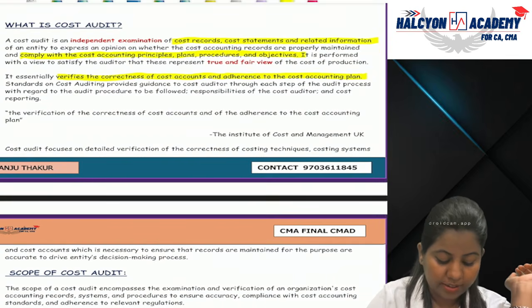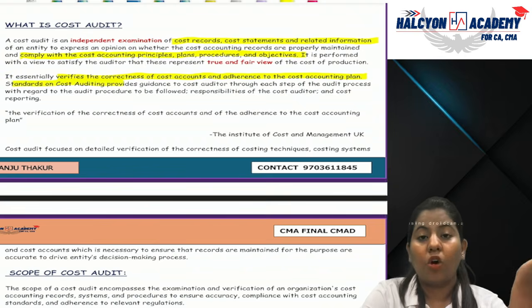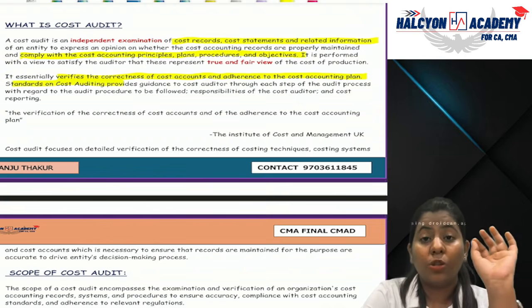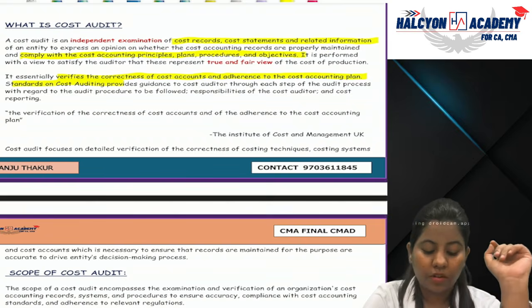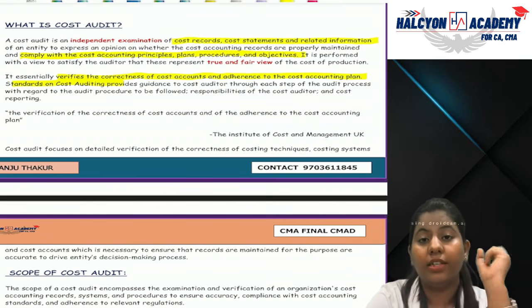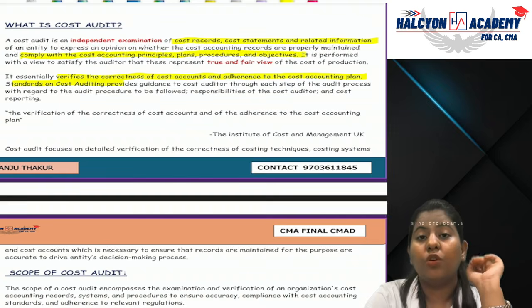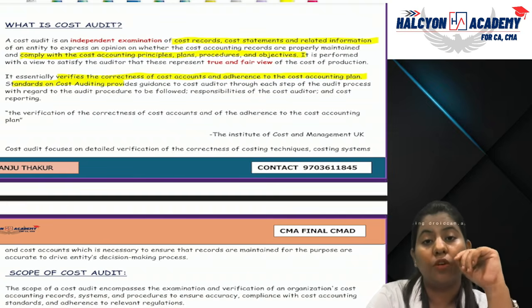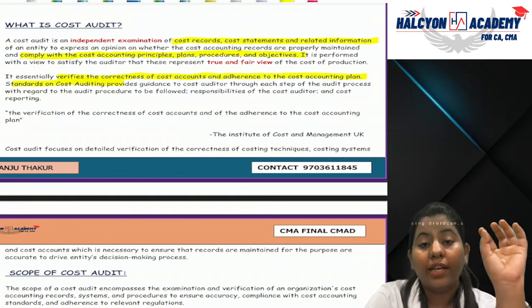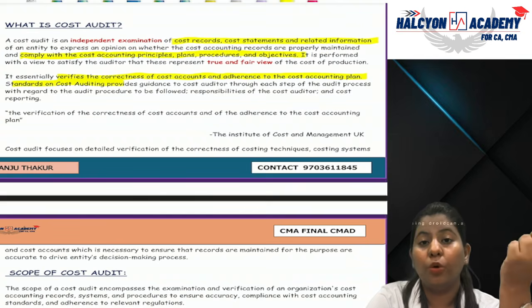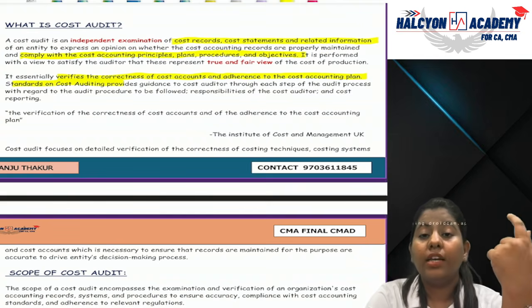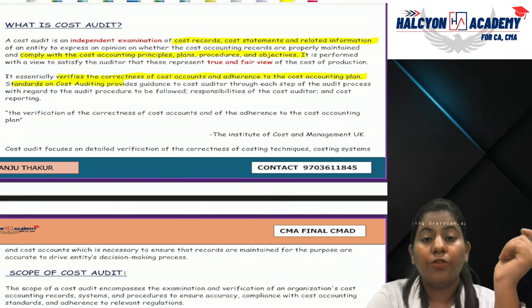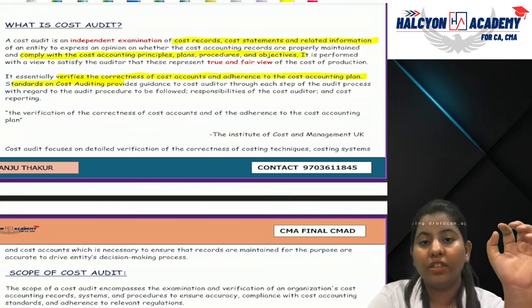Now see what is written here: standards on cost auditing. Like cost accounting standards, there are also cost auditing standards, which guide the auditor on various things: what the duties and responsibilities of the auditor are, how he has to perform, how he has to report, how he should maintain his independence, what things to include in the report, and what the structure of the report would be.